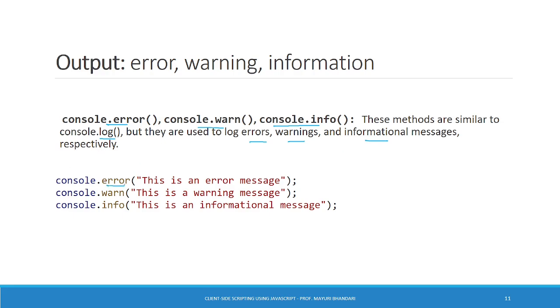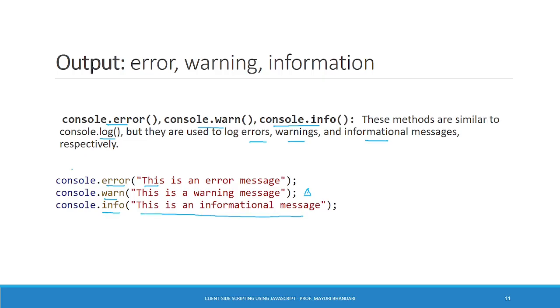When you use console.error, you will see this message in red color. If you use console.warn, you will see this message in orange color with a triangular icon. And when you use console.info, this will show you this message as information.